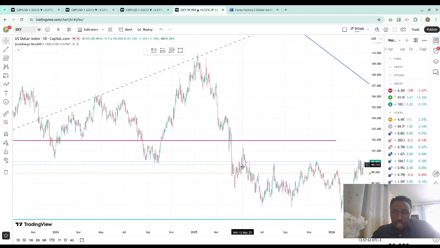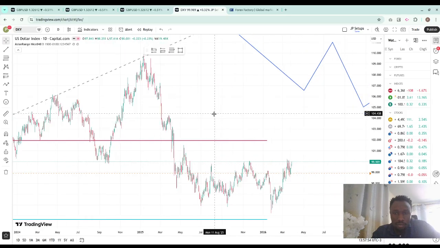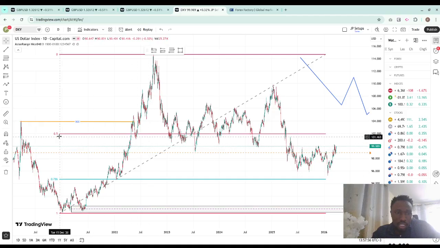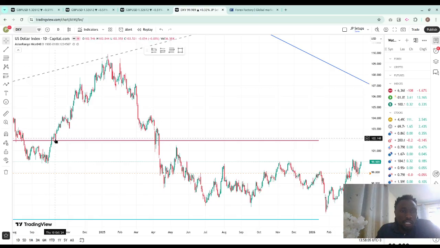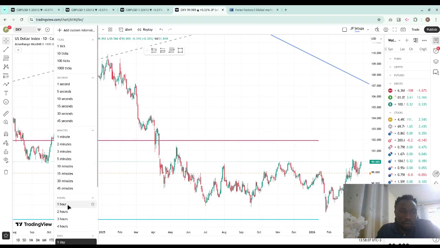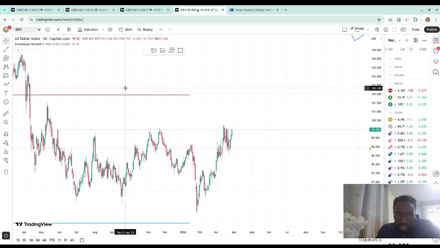So the buys on DXY are already valid because we already reached the 50% of the entire move.